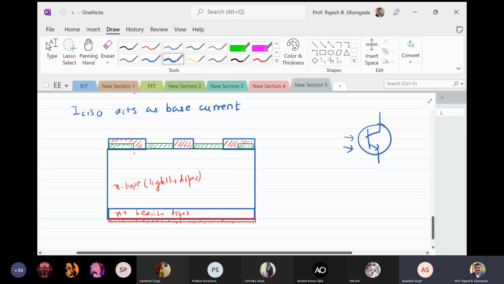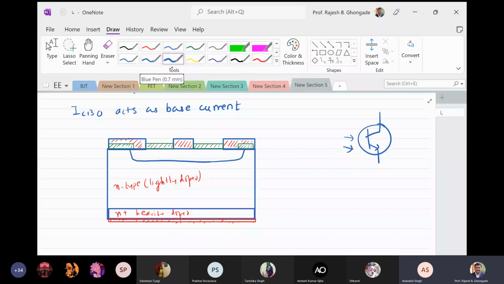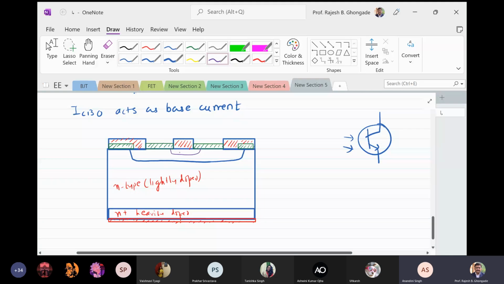You have the P-type material, and again you have, so this is N-type. So this is the emitter. This terminal is the emitter.